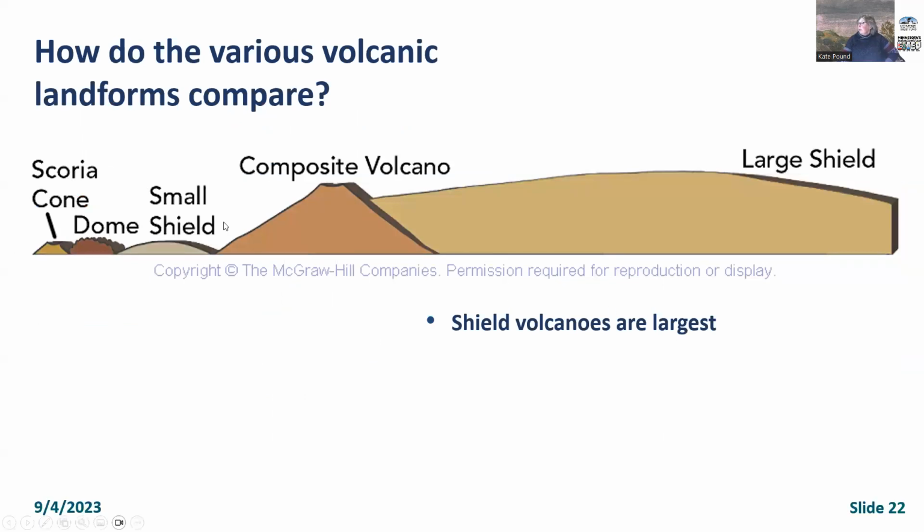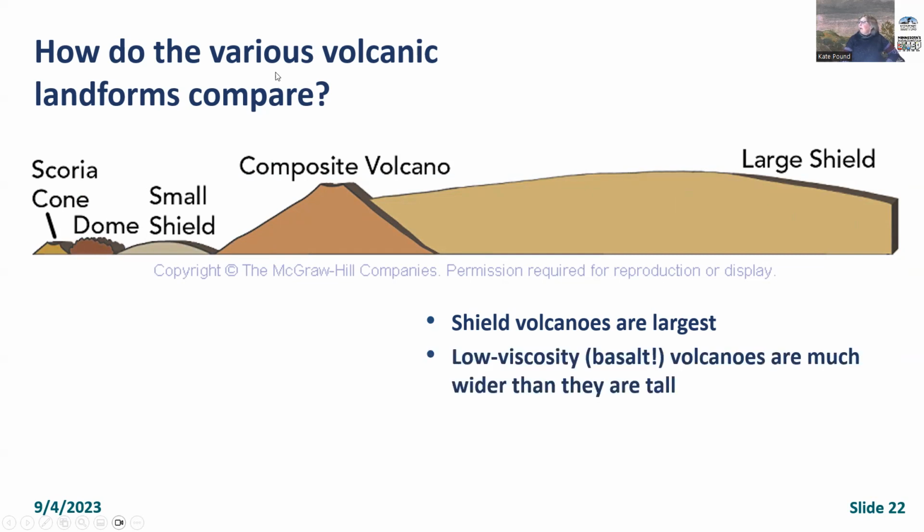So we can compare these structures that we've looked at, going from a scoria cone to a large shield volcano. I should mention that the word composite volcano is also used for stratovolcanoes.